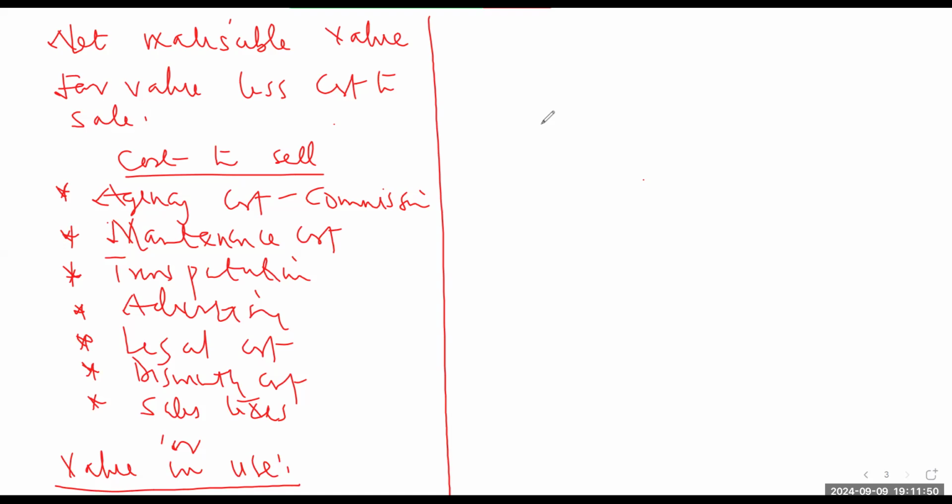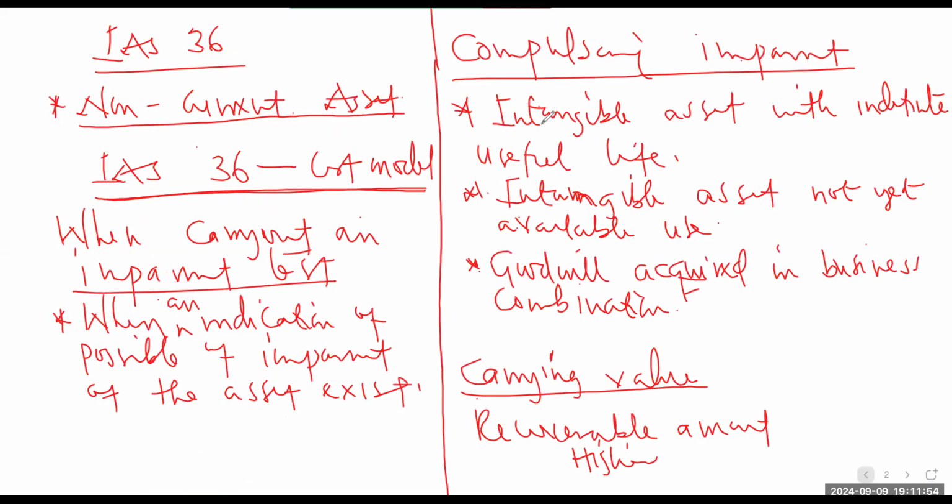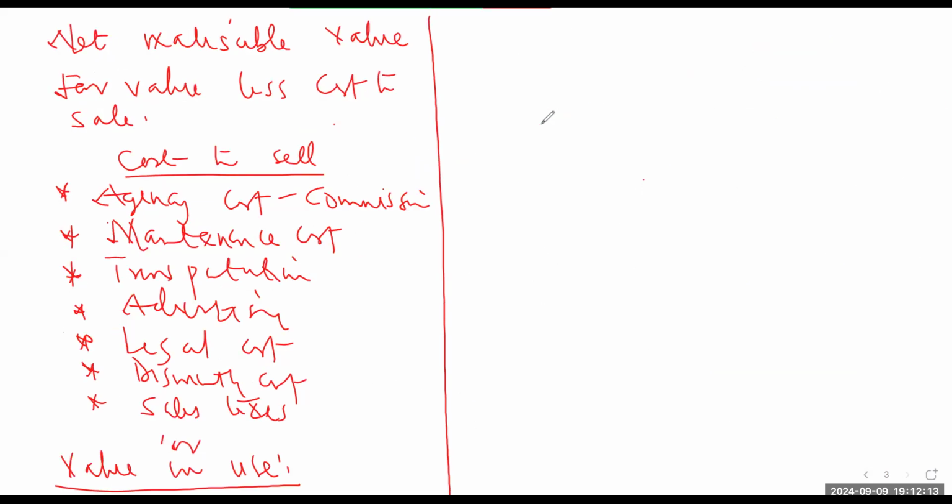So we estimate the benefit that the asset will give us. Then we look at today's value, because the current value is the present value. We cannot use future benefit in future terms, so we have to find today's value of the benefit that the asset will give us. The recoverable amount is the higher of the net realizable value or value in use.